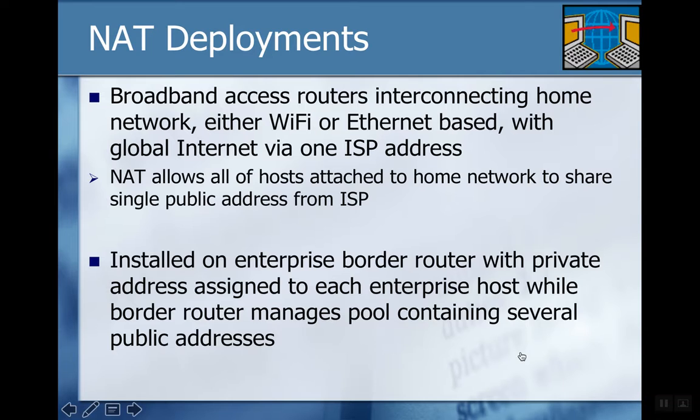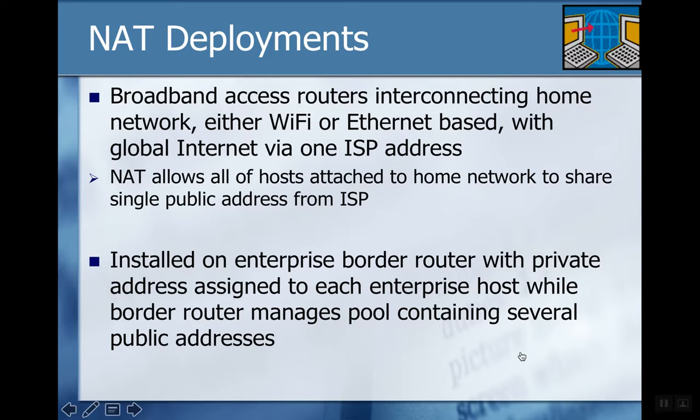The idea is that your ISP, in some cases Comcast, in some cases Verizon or others, would allocate a single address to the home network, and then all the devices behind it, running in the private space behind the NAT address, would be able to exchange information and push information across the internet.